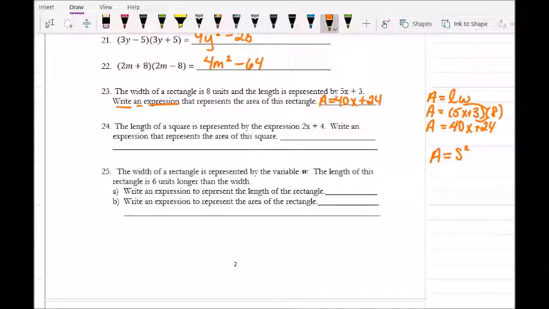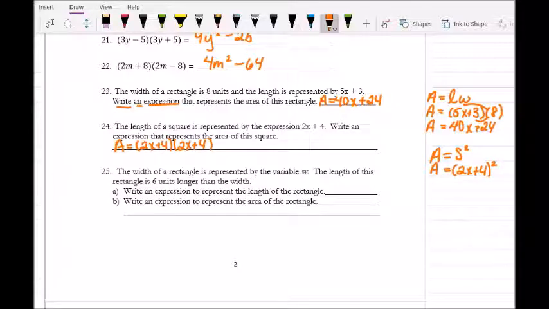So since the side is represented by 2x plus 4, that means we're doing 2x plus 4 squared. Okay, so what does it mean to square something? It means to multiply it by itself. So this would be 2x plus 4 times 2x plus 4, multiplying by itself.